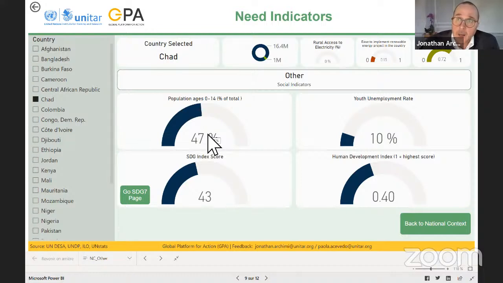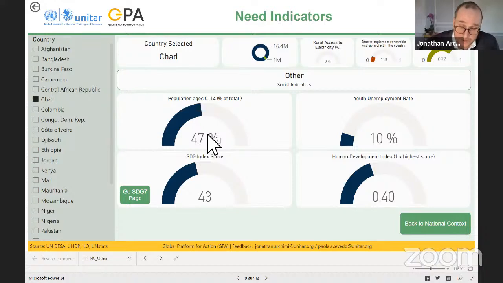And there is a rule of thumb that in displacement settings, in settlements, around 80 to 85% of the people are either children between 0 and 14 and women. So this is to say that there is a big need in terms of providing energy access.